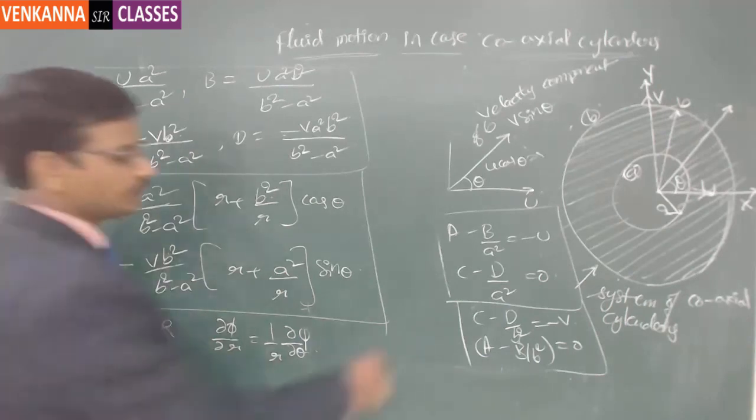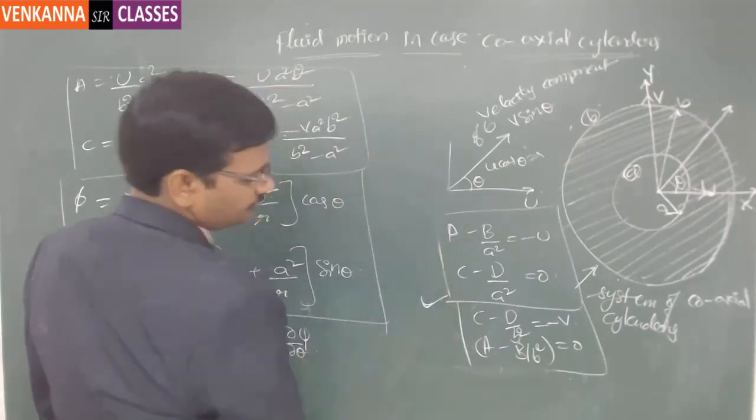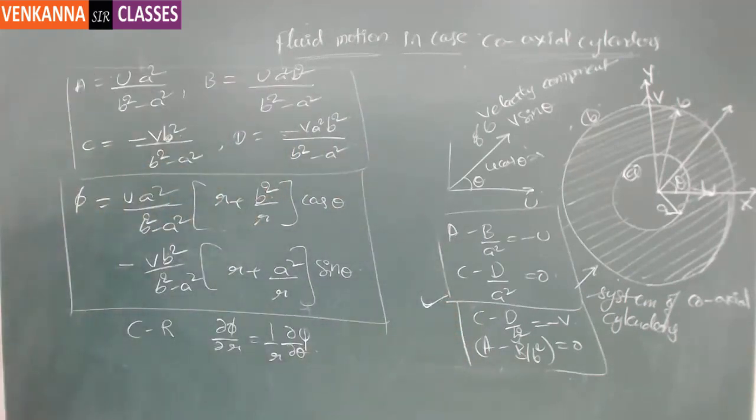So if you solve this, actually you are getting a square, right? Can somebody else confirm this? So this equation is correct, right?